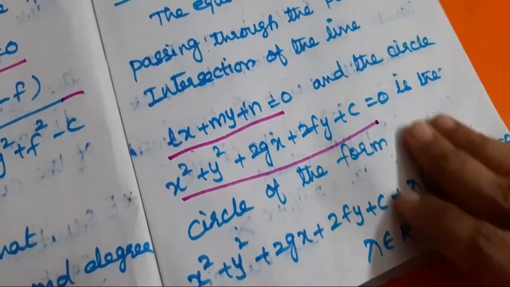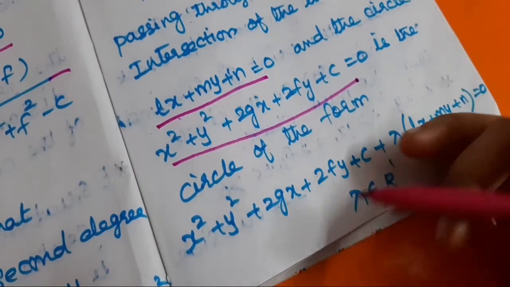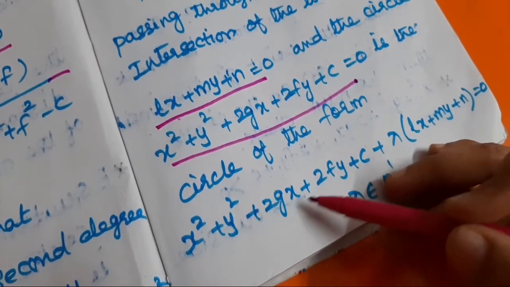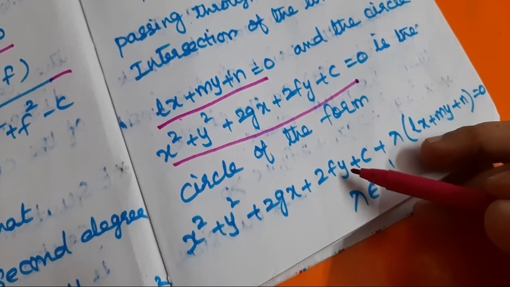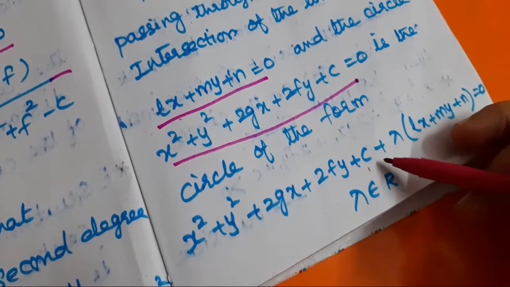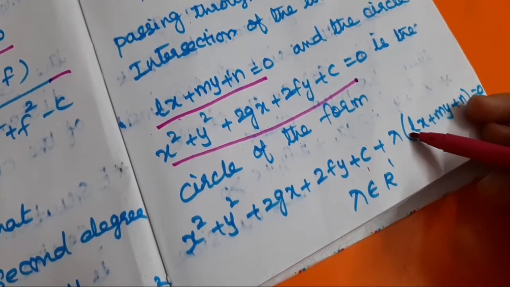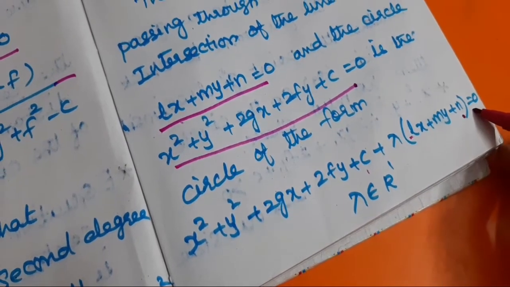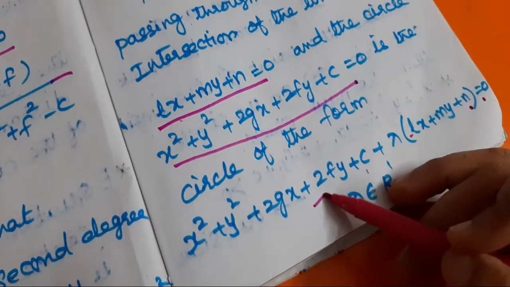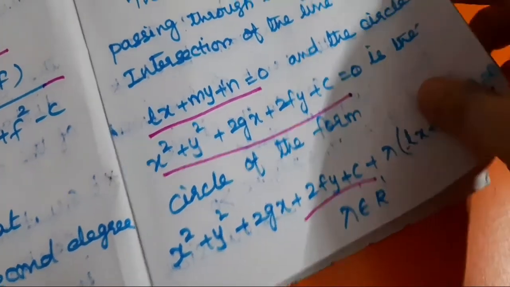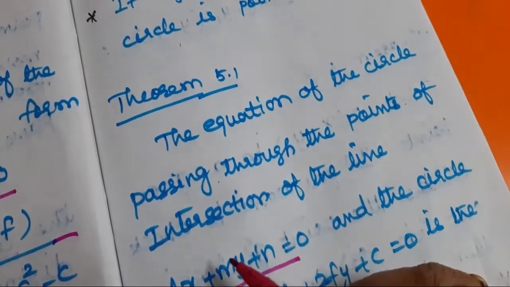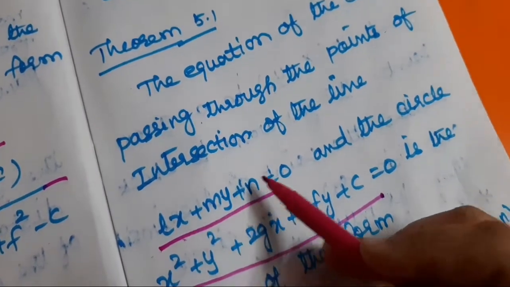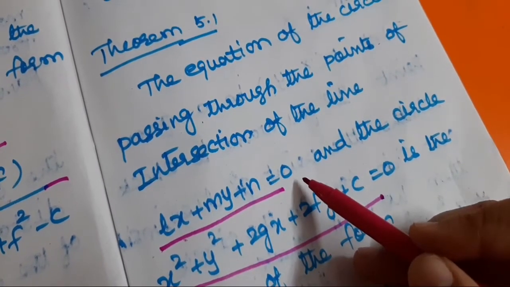Then the equation of the circle will be of the form x square plus y square plus 2gx plus 2fy plus c plus lambda into the equation of the line is equal to 0. So this is the equation of the circle which passes through the point of intersection of the line lx plus my plus n is equal to 0.